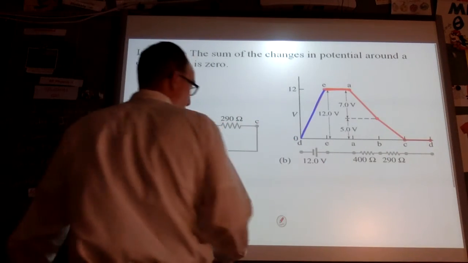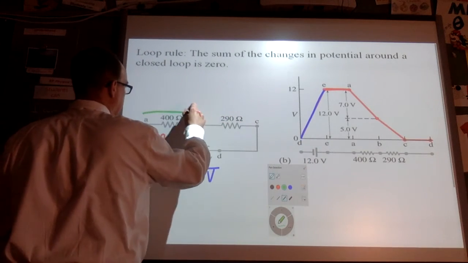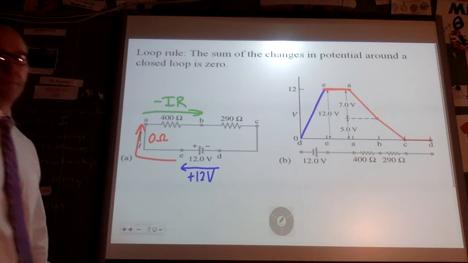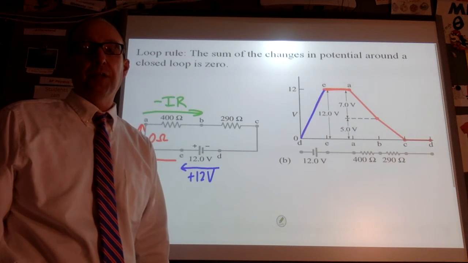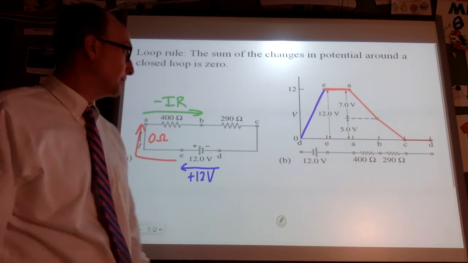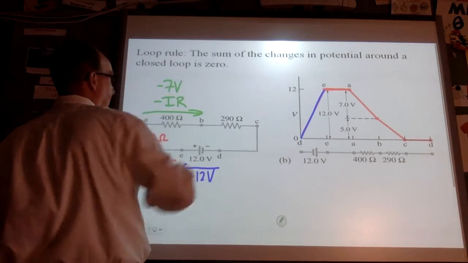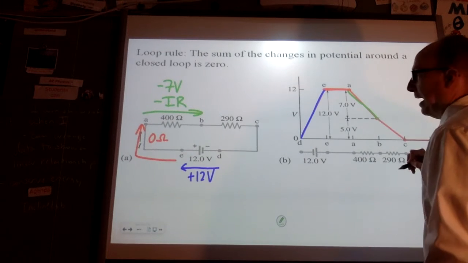Now I'm going to go across a resistor from A to B. When I go across a resistor, I have a voltage drop. That voltage drop is equal to minus IR. That's what the equation derived from Ohm's law tells us. In this case, my drop is 7 volts, so I go from 12 down to 5.